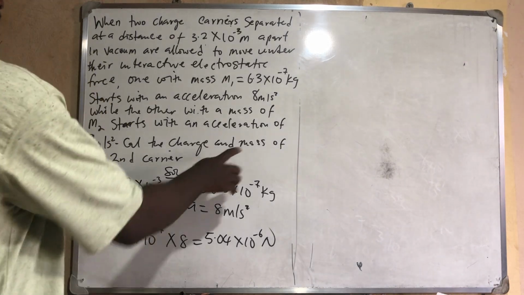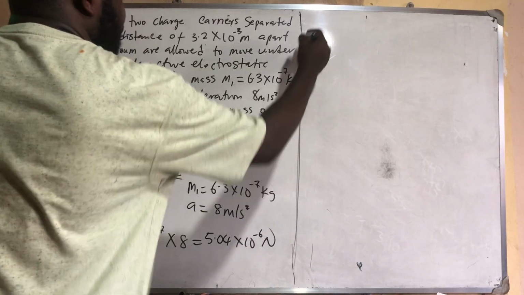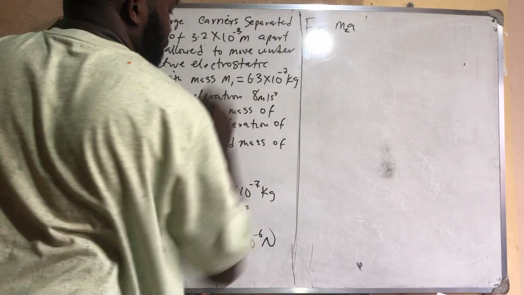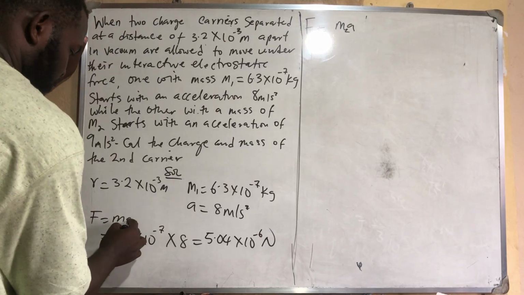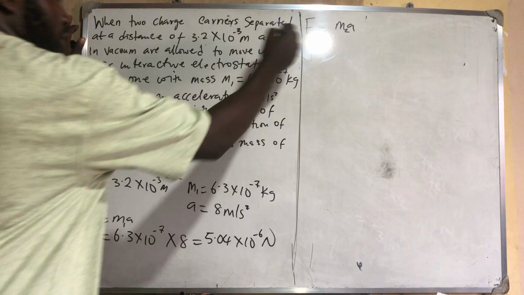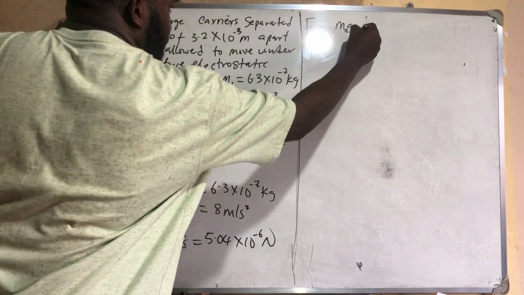So we are asked to calculate the mass of the other one. If you want to get the mass of the other, we will use again that force is equal to ma, so we will now use m2 a2. We use m1 here, so this is for F1 and this is for F2: m1 a1, m2 a2.